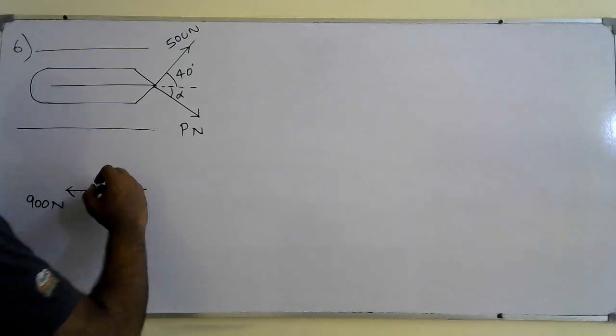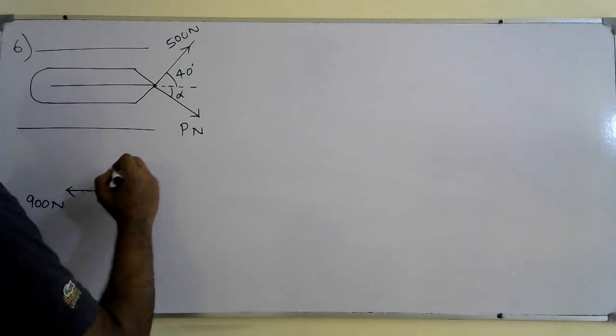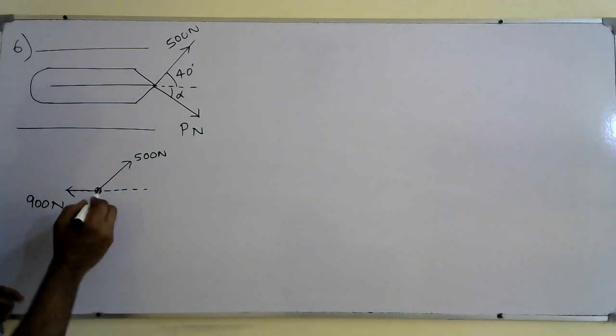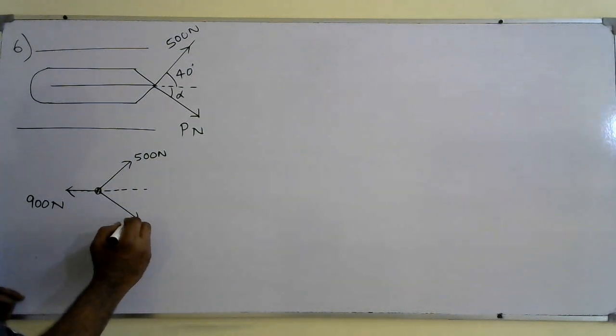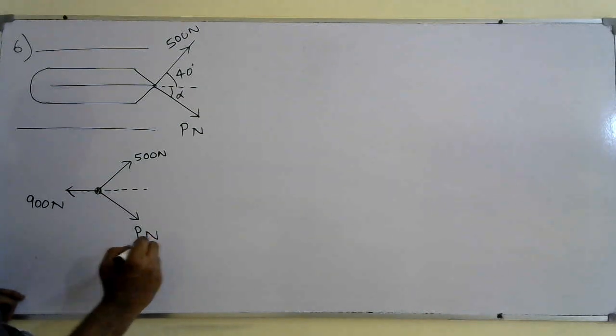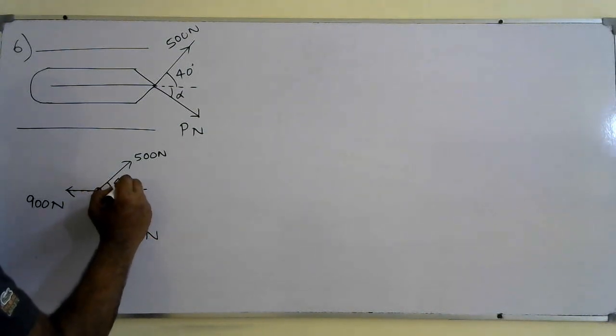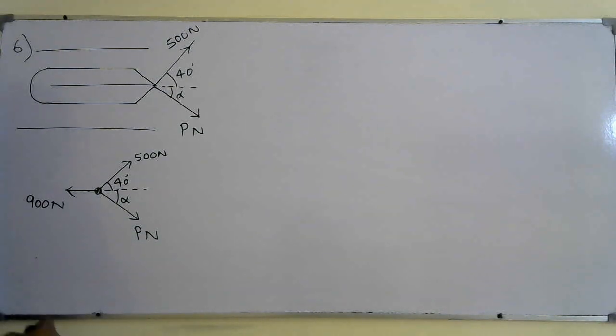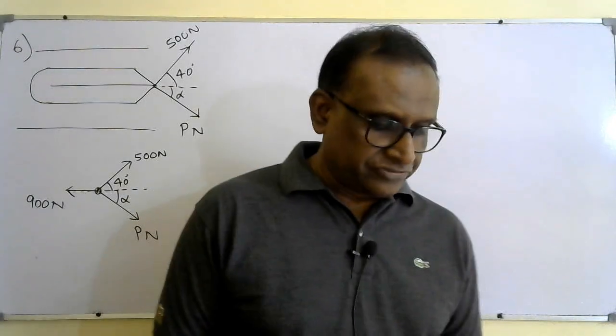The 500 Newton is along this direction. The P Newton is in this direction. This is 40 degrees, and this makes an angle alpha.